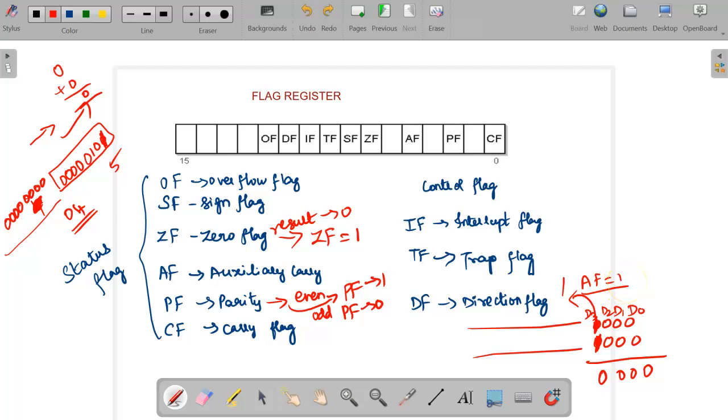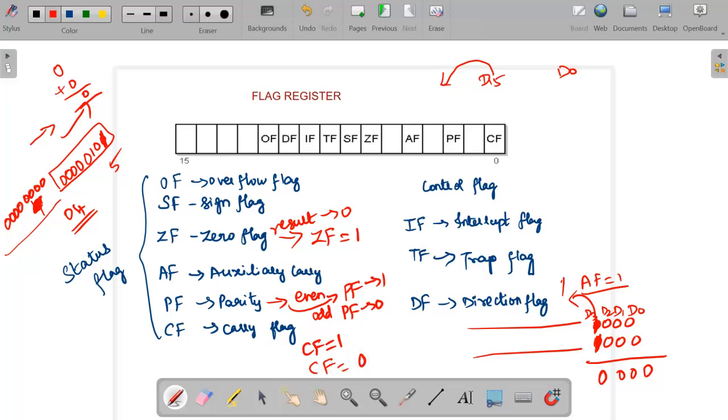Similarly, if you are getting a carry after the addition of two data, from the last bit, that is D15 down to D0 you have, so if you are getting the carry from the MSB, the most significant bit, then the carry flag will become 1. If you are not getting any carry out of the D15 bit, then the carry flag will become 0.